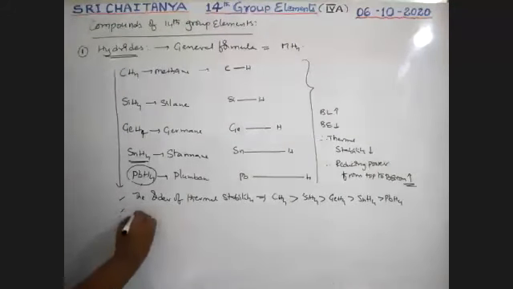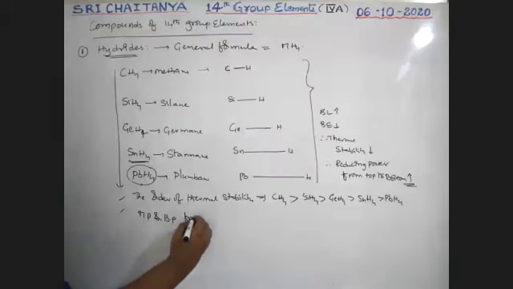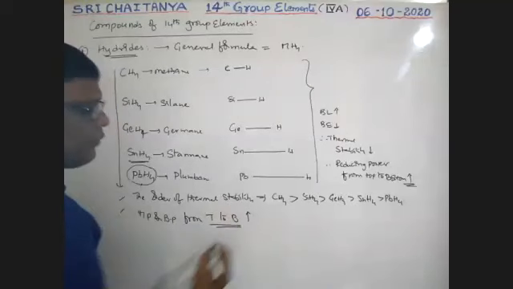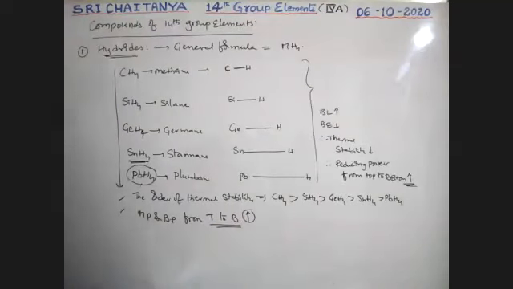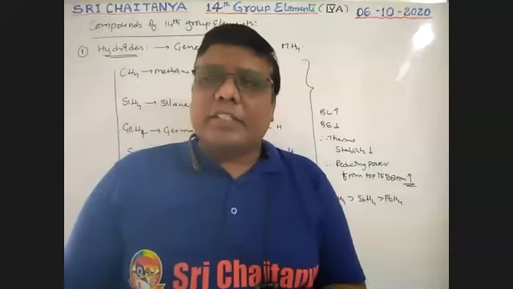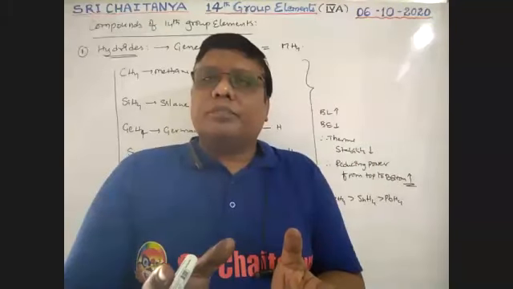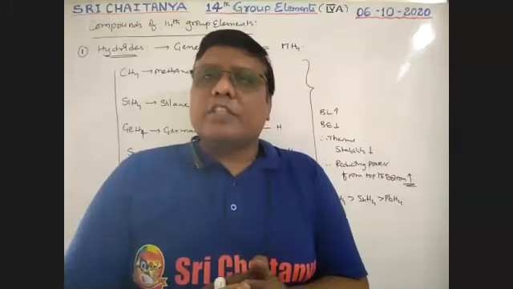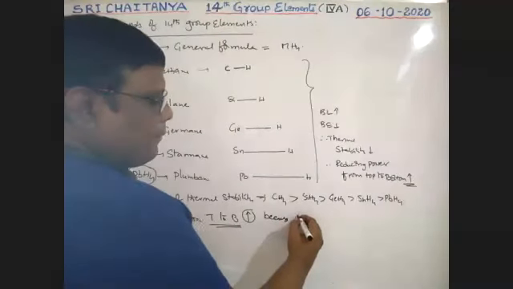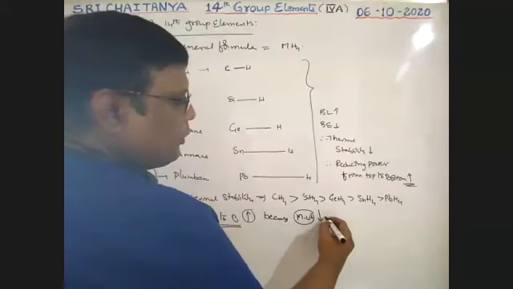Now, next point: melting points and boiling points increase from top to bottom. Very, very important. Why, sir? Why do melting and boiling points increase? Because the molecular weights of these molecules increase from top to bottom.